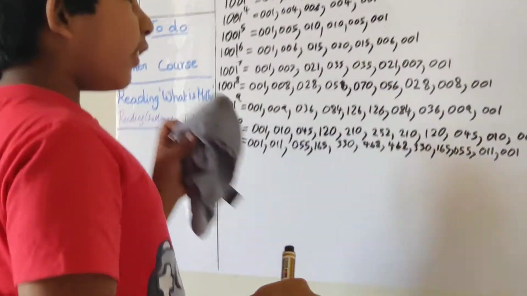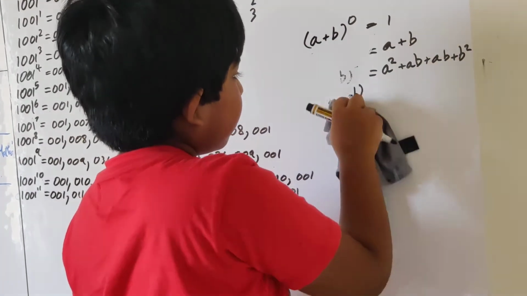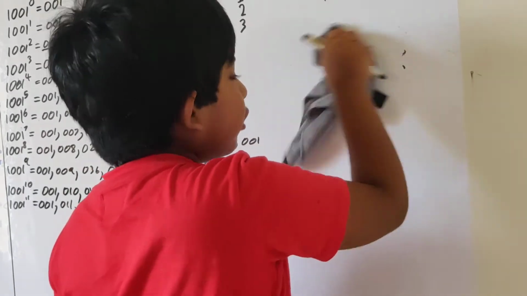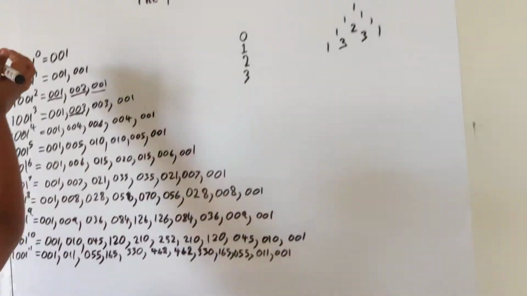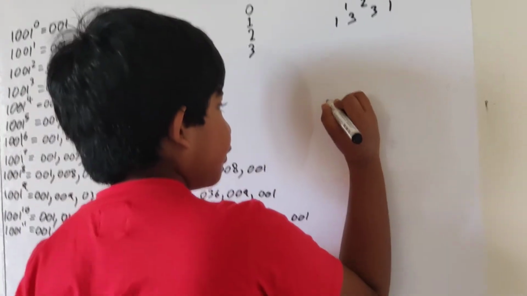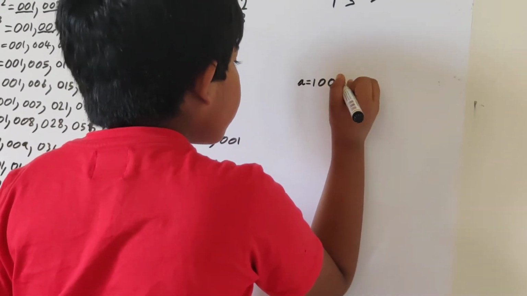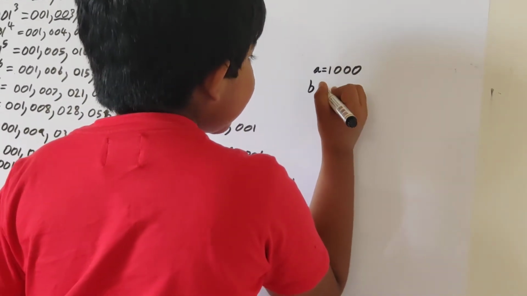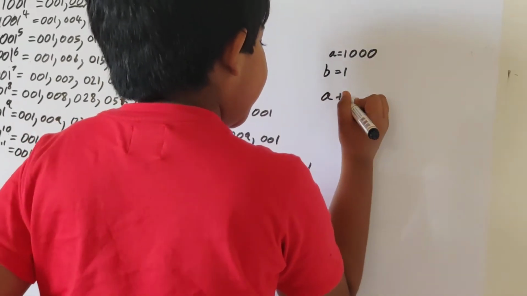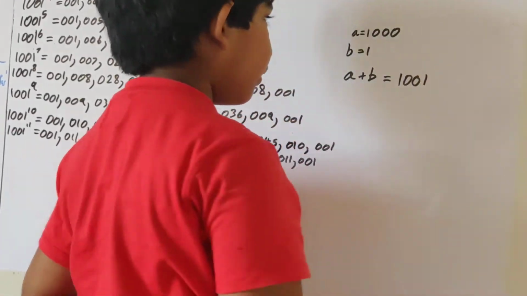But I only talked about a plus b to the powers. So how does that have to do with 1001 to powers? That's because if you substitute a equals 1000, b equals 1, a plus b is equal to 1001.